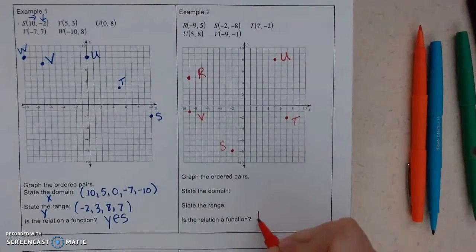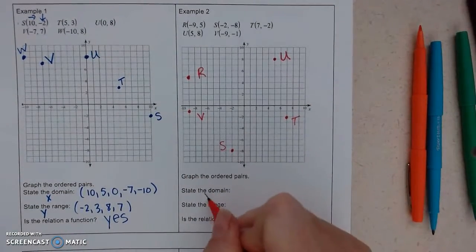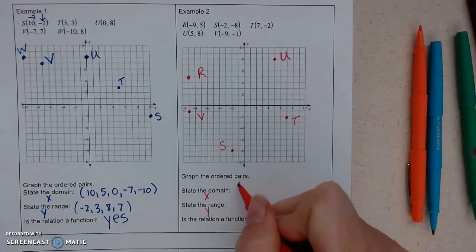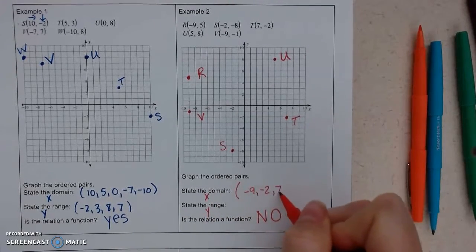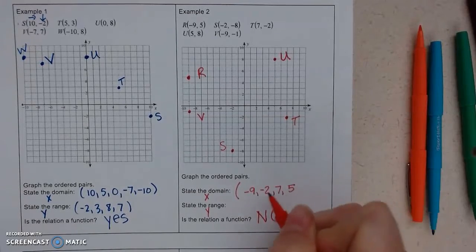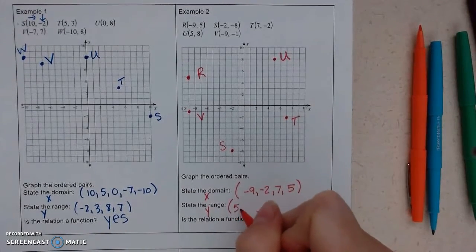So that's not a function. But we can still do domain and range. So domain is -9, -2, 7, 5, and I've already said -9. Don't repeat it. The range, 5.